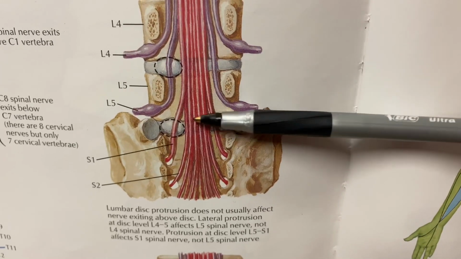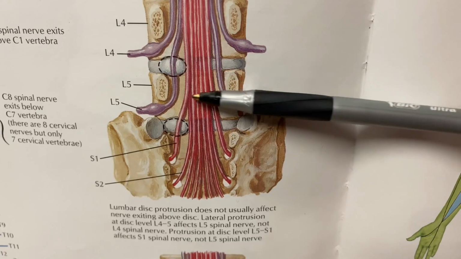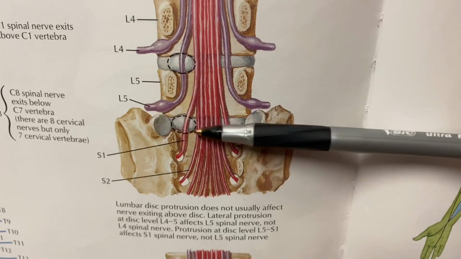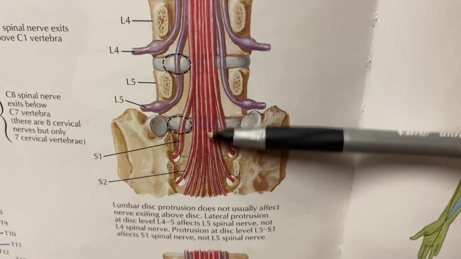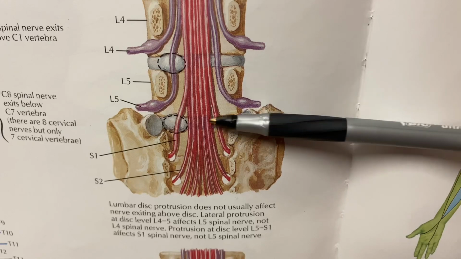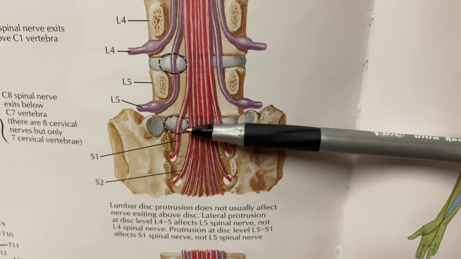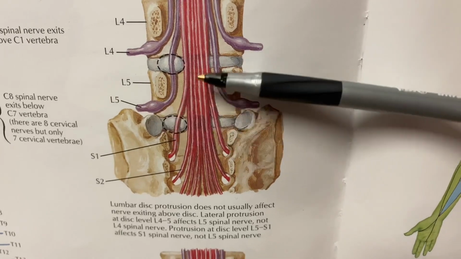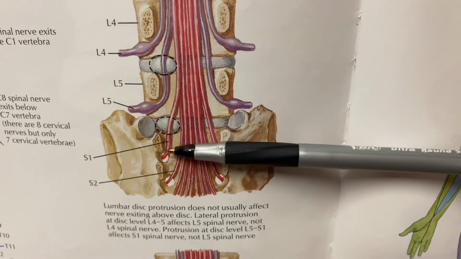And same thing over here. This is the L5 vertebra right here, L5. And then you see S1. This is the sacrum. And then you see the L5S1 disc is down here. If it bulges out right here, it doesn't affect L5. It affects S1. See that?